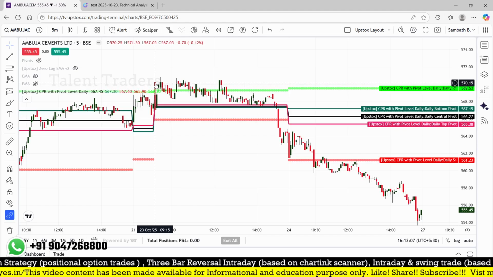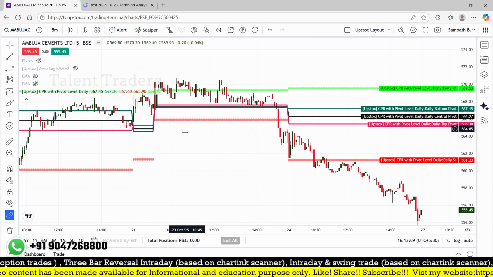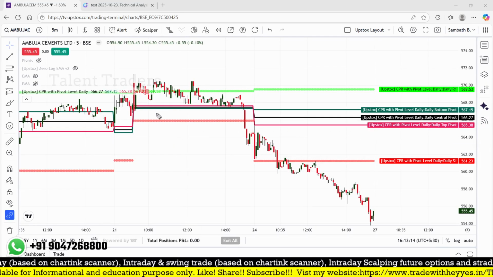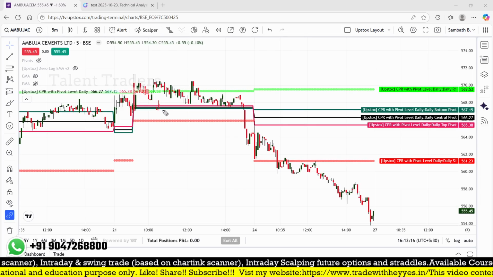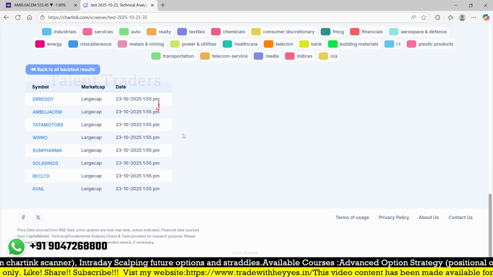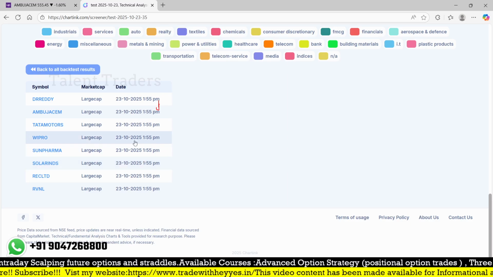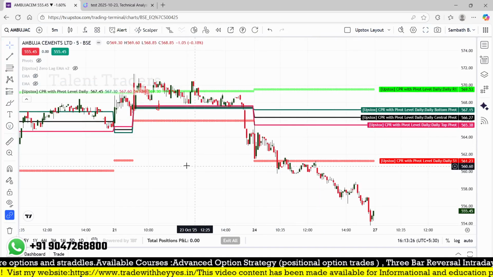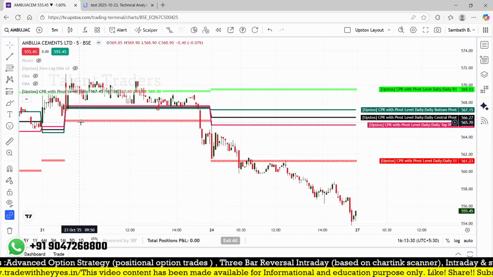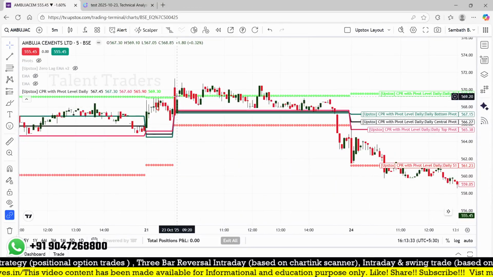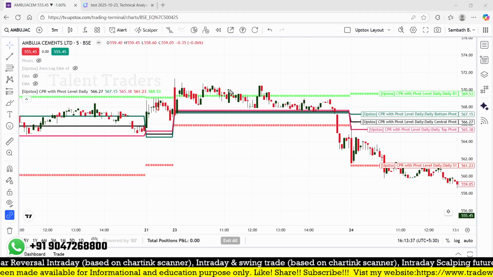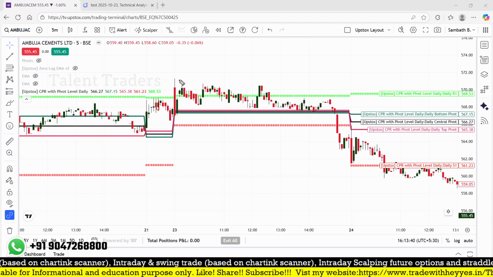So the open is at the resistance level. You can look at how it works positionally also: a narrow CPR on 23rd, at around 9:15. Whatever the time, it is only fetching the first candle based on the condition.